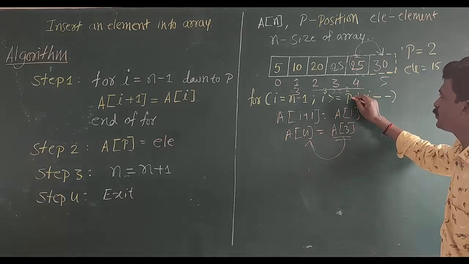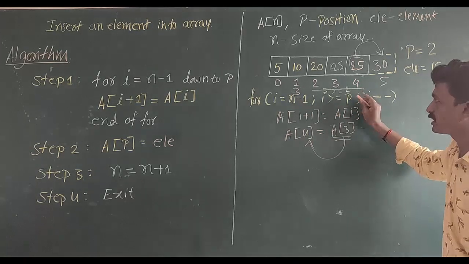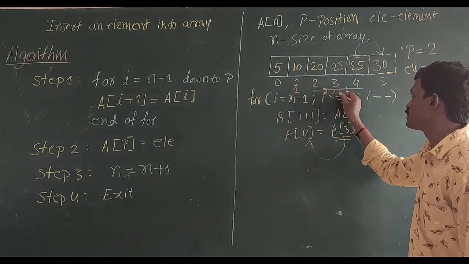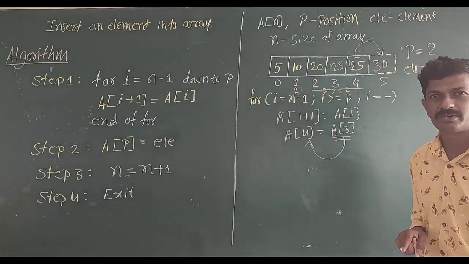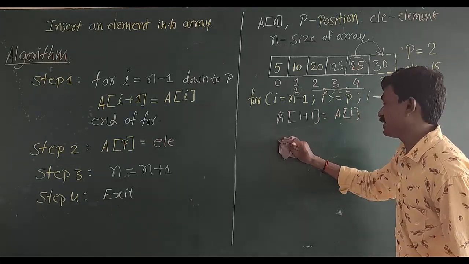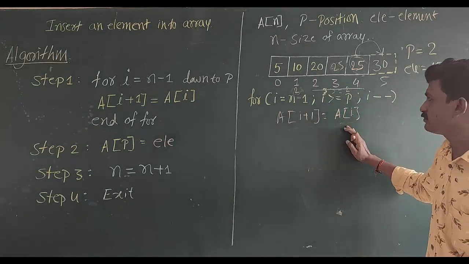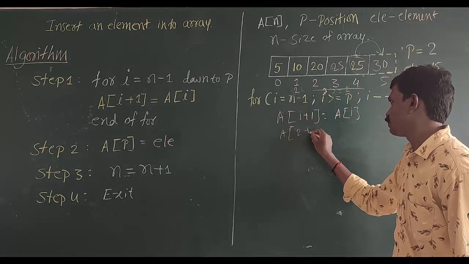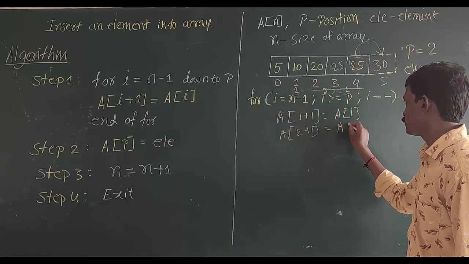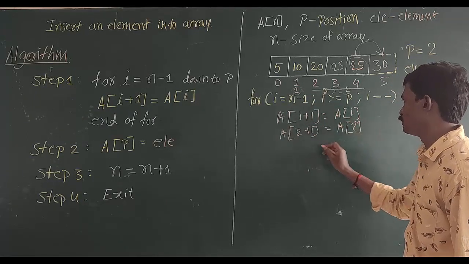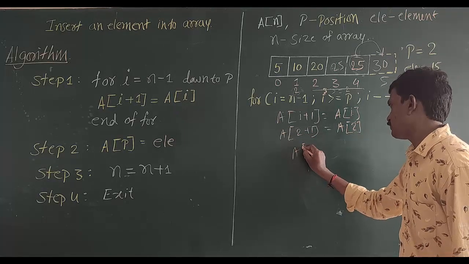Now the i value is decremented, i becomes 2. Again 2 is greater than or equal to 2, the condition becomes true, and it enters the loop. Once again, A of i plus 1 equal to A of i. The i value is 2, so 2 plus 1 is 3.